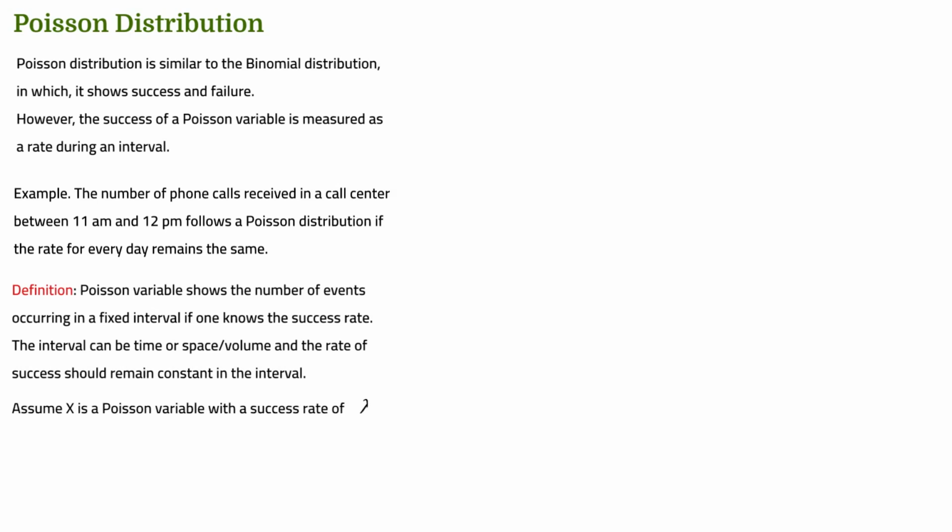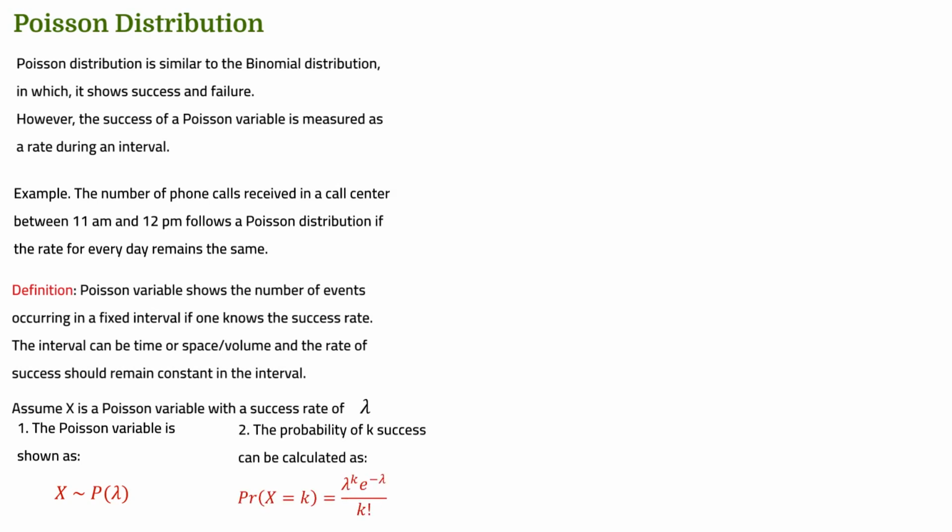Assume x is a Poisson variable with success rate of lambda. A Poisson distribution is shown as P of lambda. The probability of k successes can be calculated as probability of x equal to k is lambda power k times e power minus lambda, divided by k factorial.